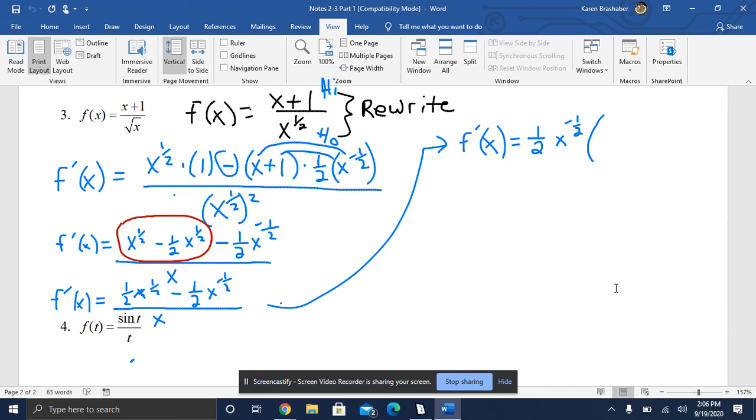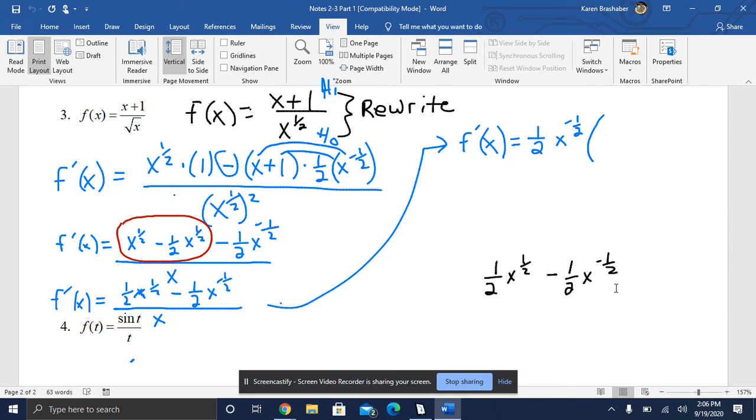Now, factoring is like dividing. So when I am factoring out 1/2 x to the negative 1/2 down here, and I'm even going to do it in a different color so you can see what I'm doing, I'm going to show you what that's like. So here's my current numerator.